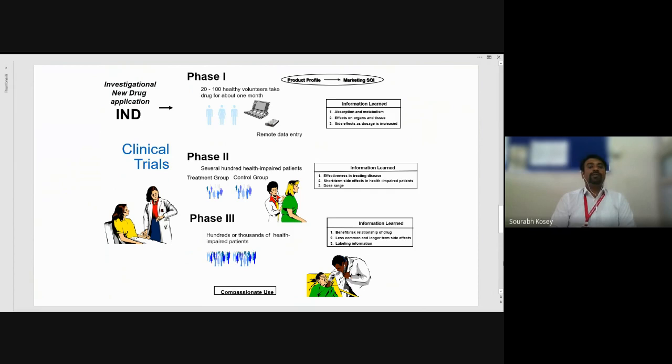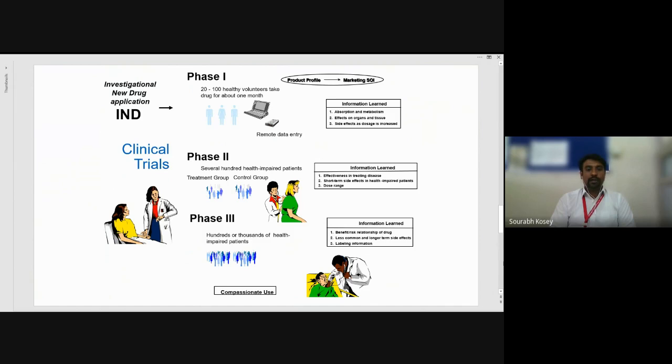Coming to phase 2, several disease volunteers are taken up. The effectiveness in treating diseases, short-term side effects in health-impaired patients, any dose range, biological response, etc. So therapeutic explorations are done to get the biological dose.